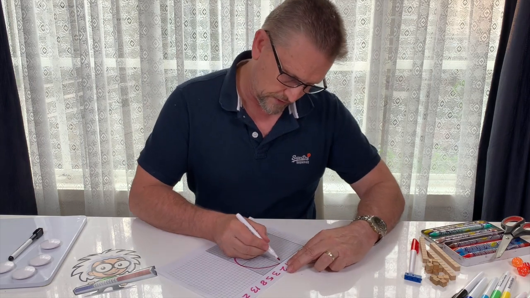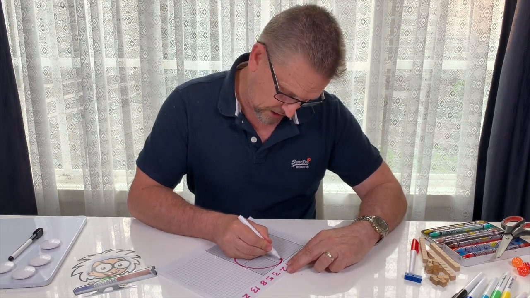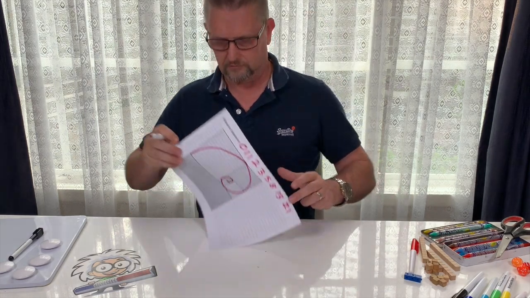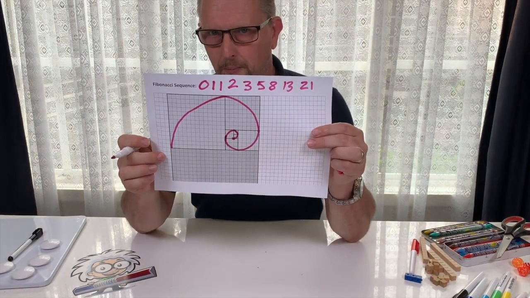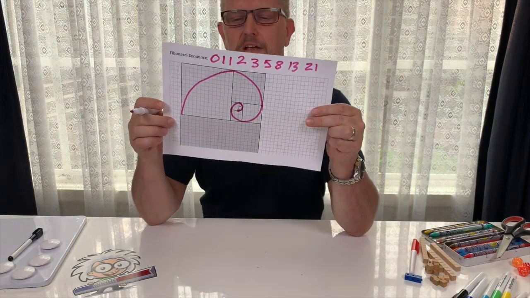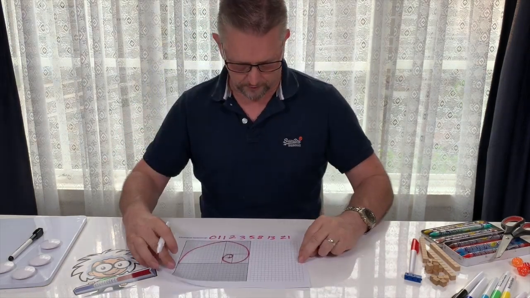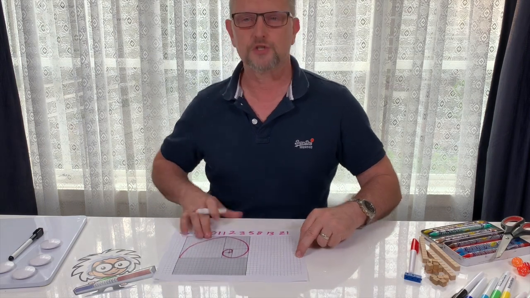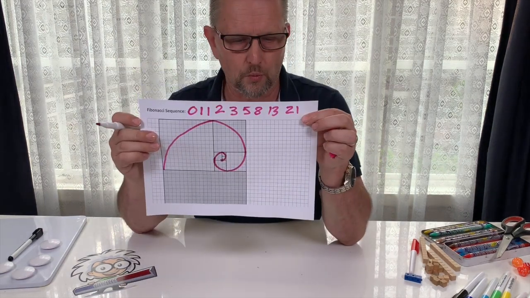I'm going to turn this around so I don't make a hash of it. Could be a bit more curvy, but anyway, didn't say I was an artist. Okay, so that's 13, and then finally we move on to 8 plus 13, 13 plus 8, which is 21, which is our next one in the sequence.